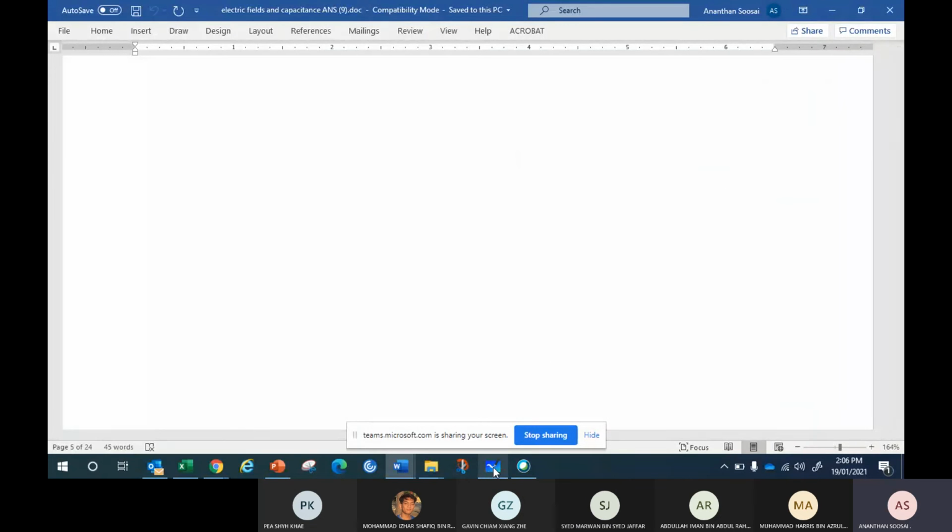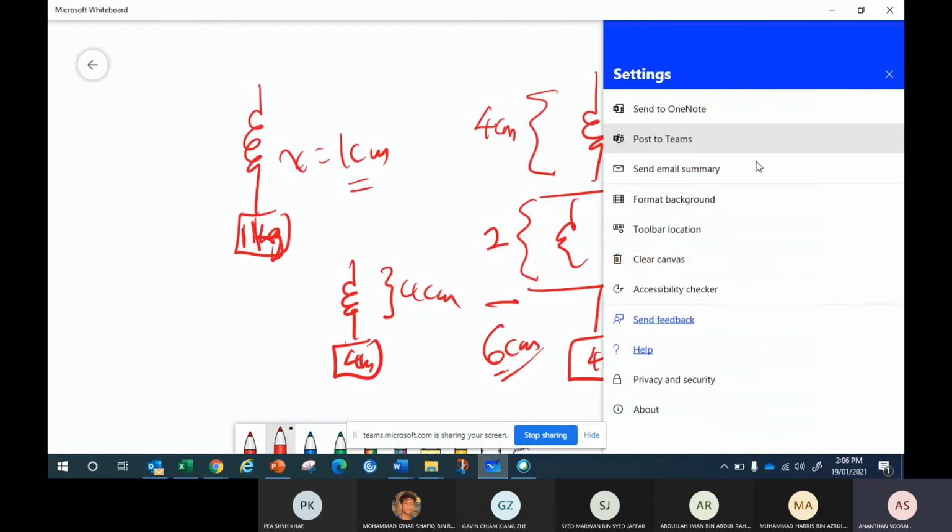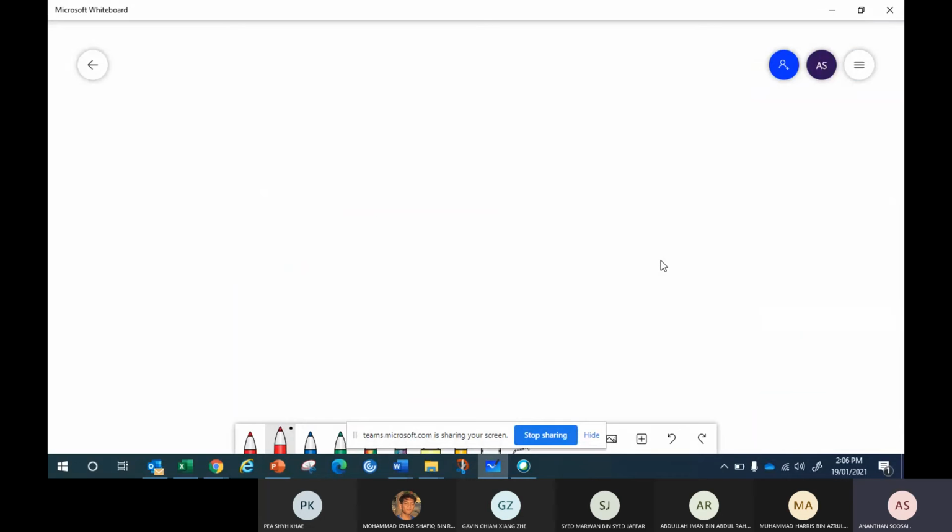So let's recap what we learned about capacitance. Today we just do questions about capacitance. So what do you know about capacitance? First formula, what is capacitance?